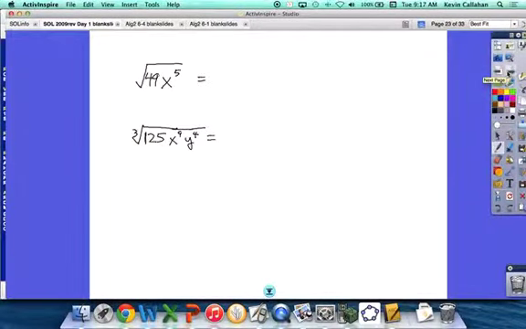Now it gets more complicated when you get something like this. We're going to have to deal with the number, and we're going to have to deal with the variable inside. Is 49 a perfect square? Yes, so we don't have to do anything with that. How about the x to the fifth? Will we be able to take out all the x's? No, because it's a square root. 5 divided by 2 doesn't go. How could I break it up into the most x's that I could simplify?